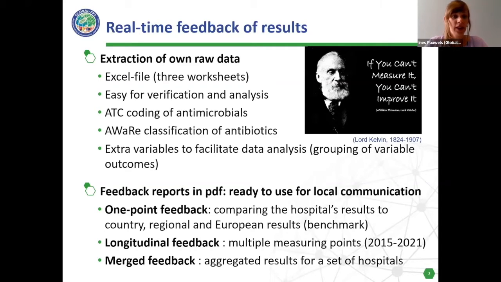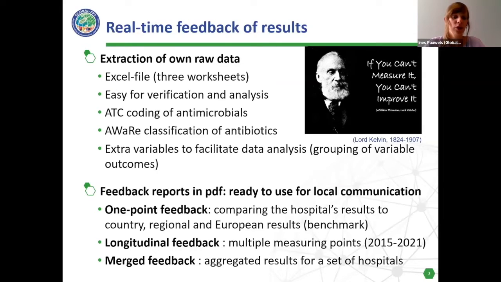As Anne already mentioned earlier, there are many different possibilities of getting your data once you've entered them online. So the first option is the export of the Excel file, and this can be particularly useful, for example, if you export it right before data validation, so then you can do a cross-check of all the patients: is all the patients' information entered, are all the prescriptions entered, and then you can proceed to data validation.